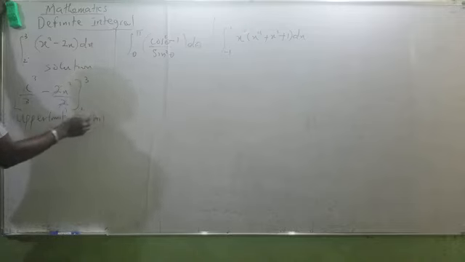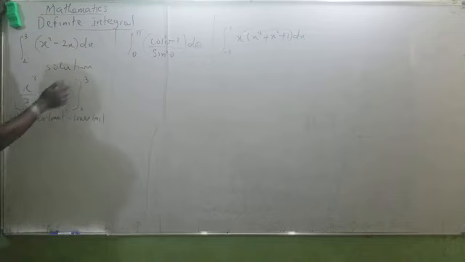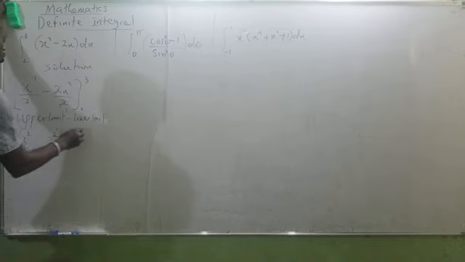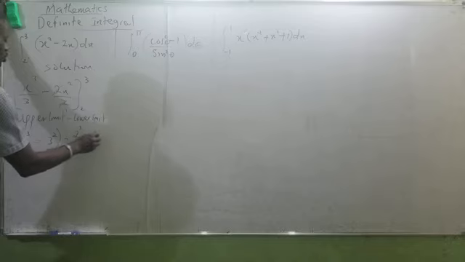Now, my upper limit is just 3. I'll be having 3 all over 3 minus 3 raised to power 2. That is my upper limit. Minus lower limit, which is 3 all over 3 minus 2 squared.